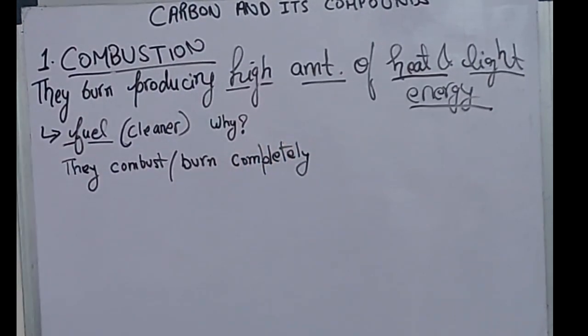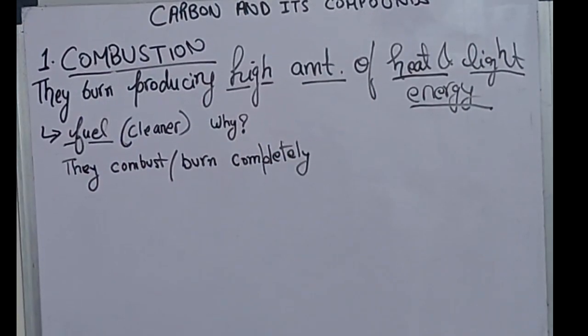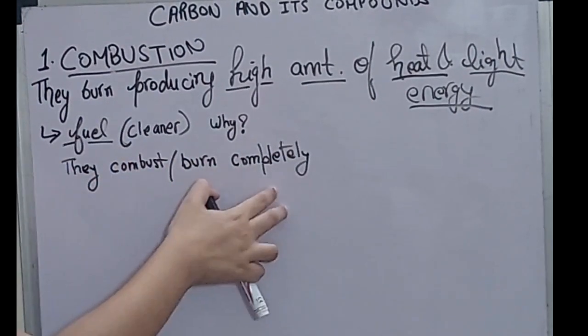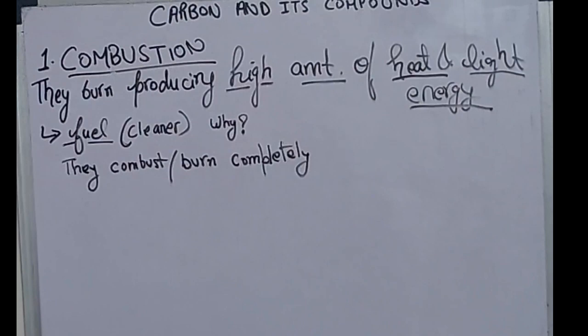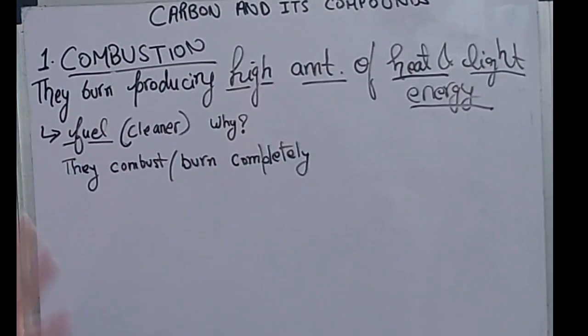What I said was that carbon compounds are used as fuels because they produce a high amount of energy and also they burn completely. They do not leave any residue behind. Like when I burn CH4, completely CO2, water and heat and light energy were produced. Nothing was left behind. That's what I mean.